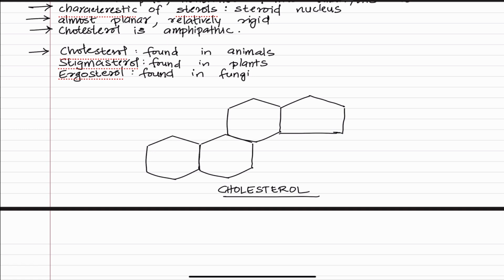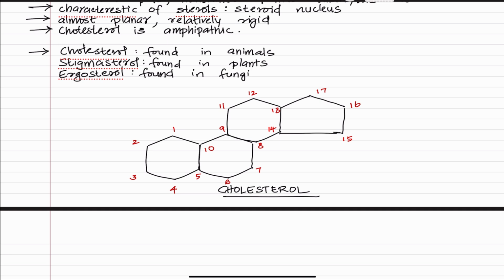So numbering starts from this carbon. 1, 2, 3, 4, 5, jump to the next one, 6, 7, 8, 9, 10, 11, 12, 13, 14, jump to the next one, 15, 16, and 17. Okay, so this is the steroid nucleus, and I've numbered it so that it's easier for me to explain and draw the side chains and functional groups.